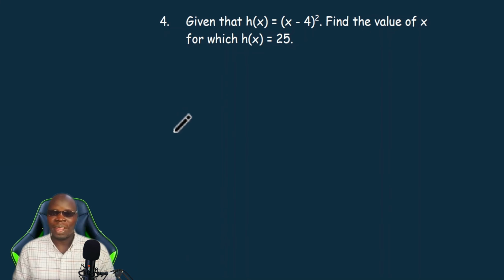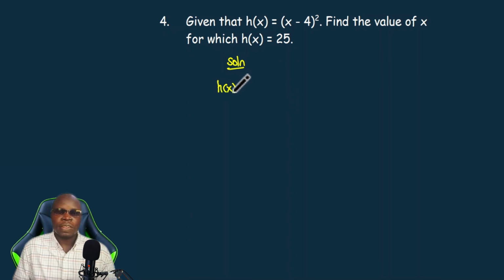Yeah, thank you for doing that. Now let us work together. So from here, we can also, as usual, copy our question down here, and that is the function h of x is given by (x minus 4) squared. Now we are given h of x as 25.